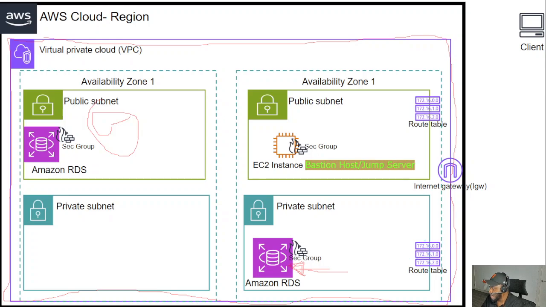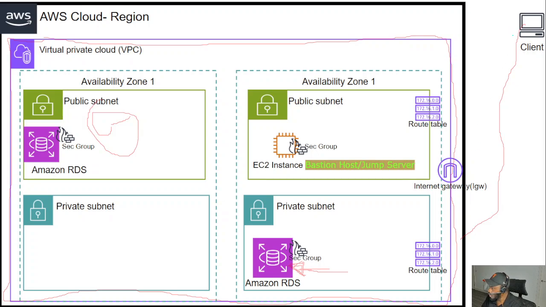Since we cannot authenticate directly from our local PC to this RDS instance, because authentication to the private subnet does not pass through the internet gateway, you can only authenticate to a public subnet through an internet gateway.